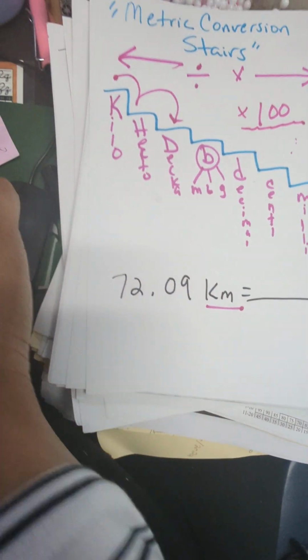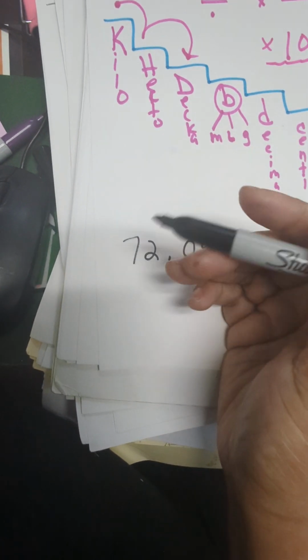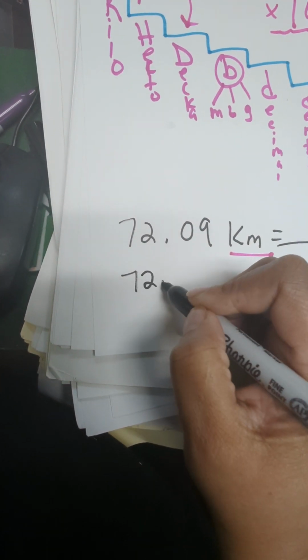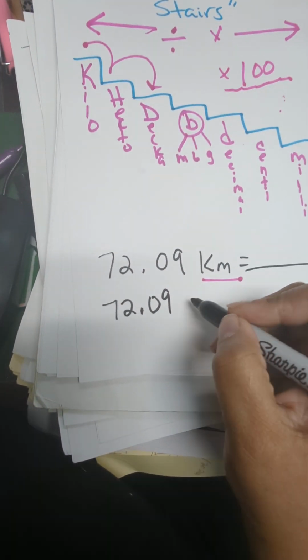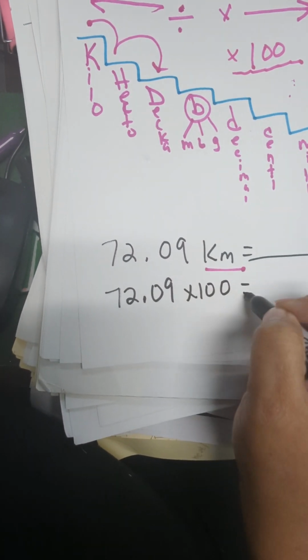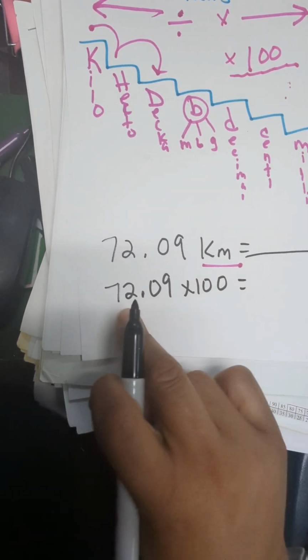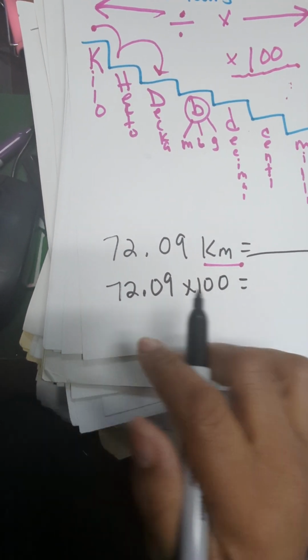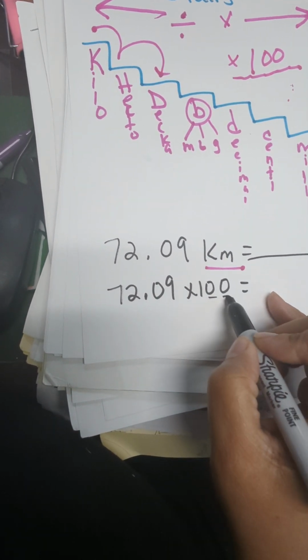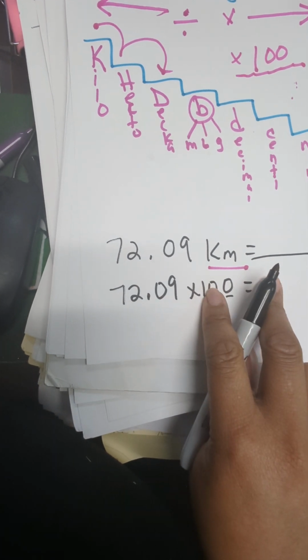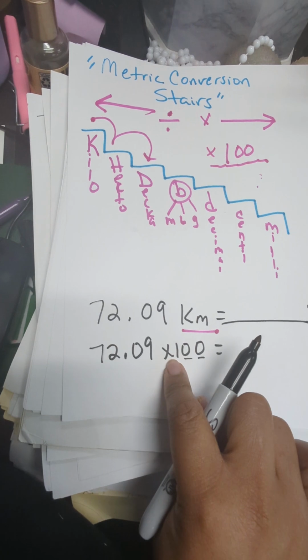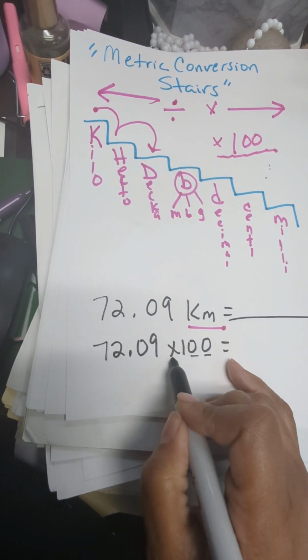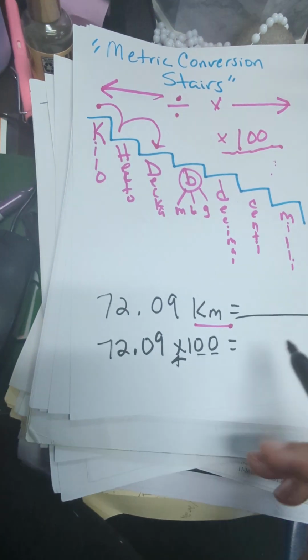So let's go down here and rewrite. 72.9 times 100. Most of my students have mastered multiplying and dividing by power of 10, so I'm just going to go through it really quickly. You look at how many magic zeros you have in your power of 10 number. There are 2 magic zeros, so we're going to move our decimal 2 place values. But which way do we move the decimal? Because we're multiplying, we're going to move our decimal to the right, to where the numbers get bigger.